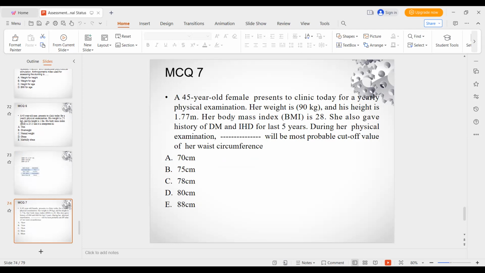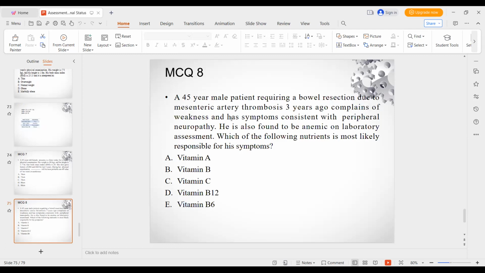During her physical examination, this will be the most probable cutoff value of her waist circumference: 70 centimeter, 75 centimeter, 78 centimeter, 80 centimeter, and 88 centimeter. It's E, 88 centimeter.